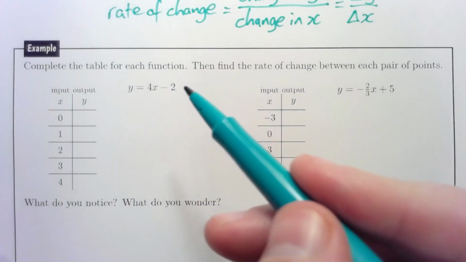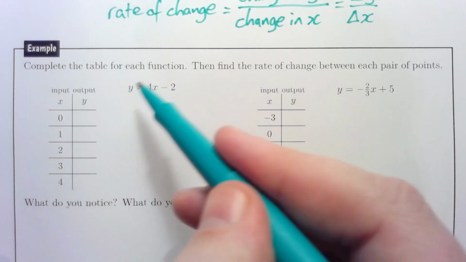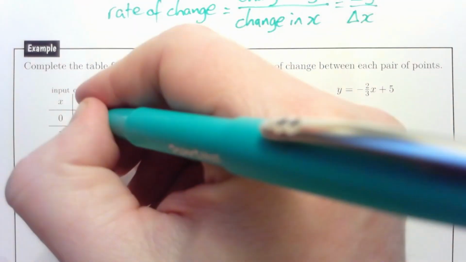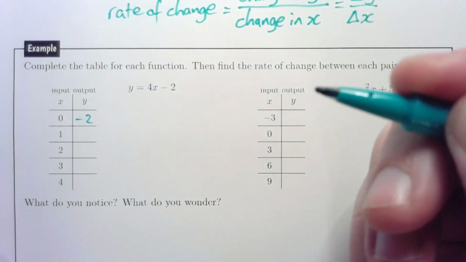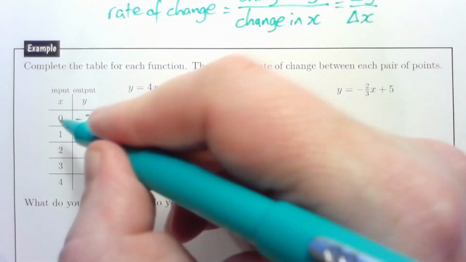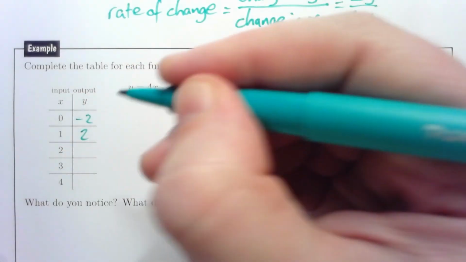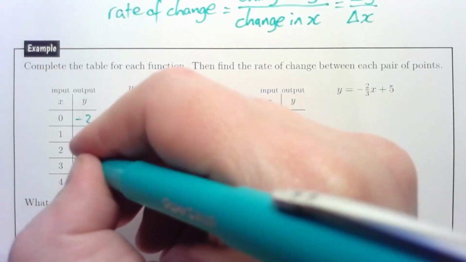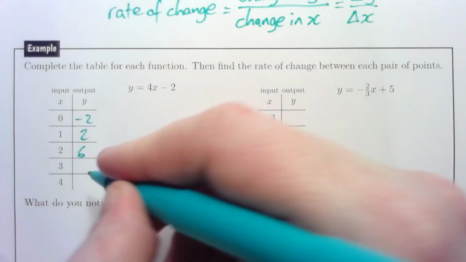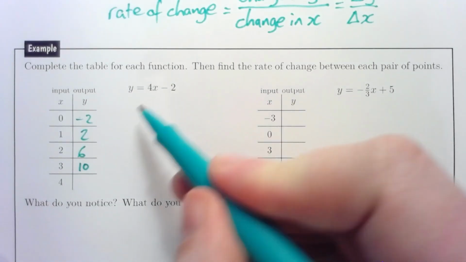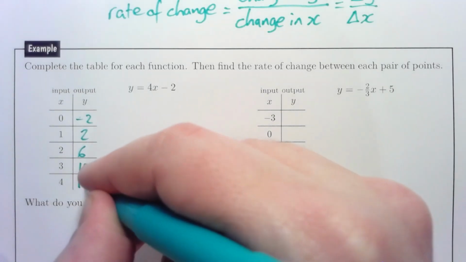So, for x equals 0, we'll have negative 2, because it will be 0 take 2. 4 times 1 is 4, take 2 is 2. 4 times 2 is 8, take 2 is 6. 4 times 3 is 12, take 2 is 10. And then 4 times 4, take 2 is 14.